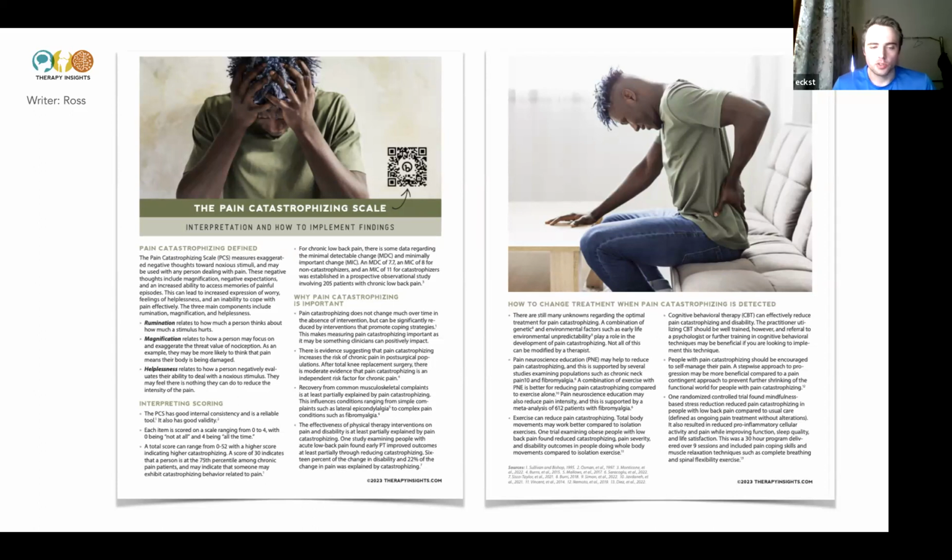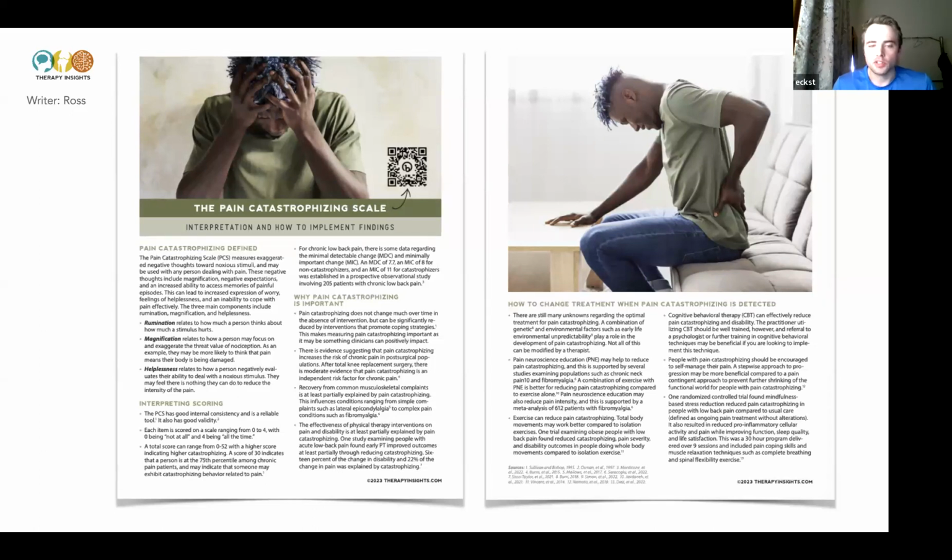And your total score can range from 0 to 52. A cutoff you see a lot in research is 30, because that's the 75th percentile for catastrophization among people with chronic pain. And so that's generally regarded as a good cutoff for this person has a lot of catastrophizing, or more than average catastrophizing at least.